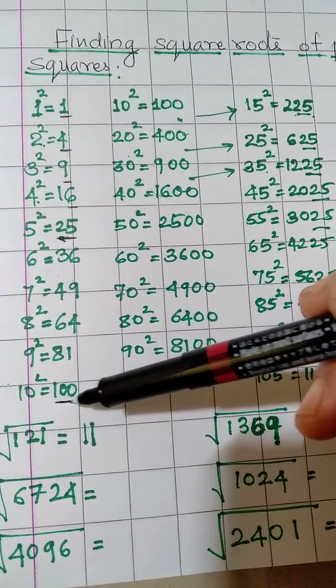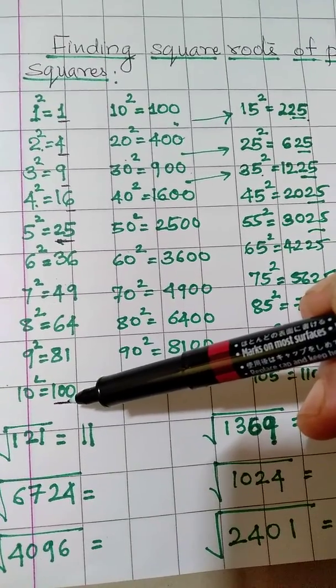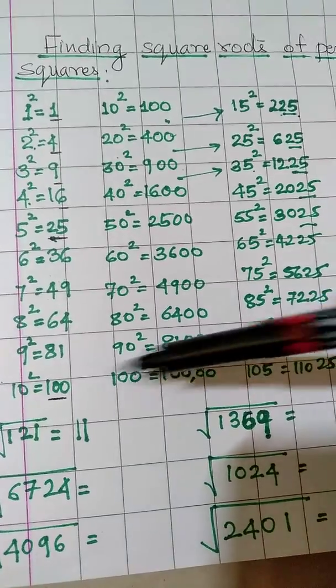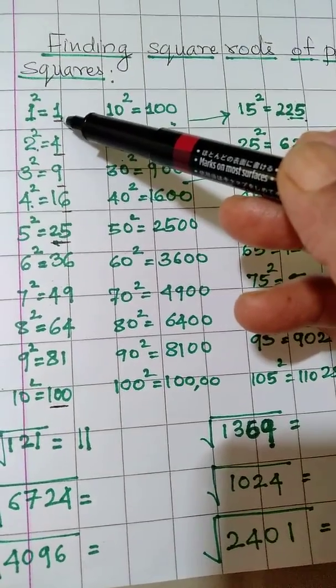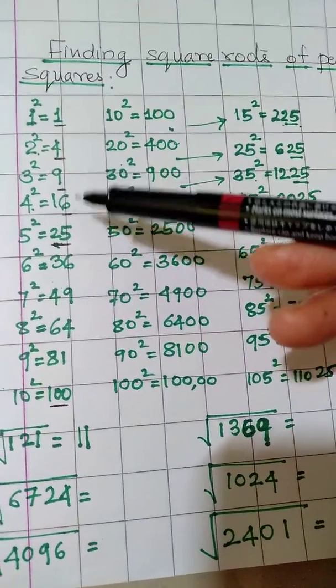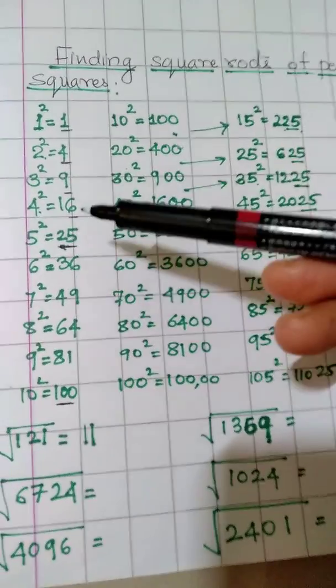It appears in pairs, in multiples of 2, like 2 zeros, 4 zeros and so on. So the numbers 2, 3, 7 and 8 do not appear in the units place of a square number. Just keep this in mind.